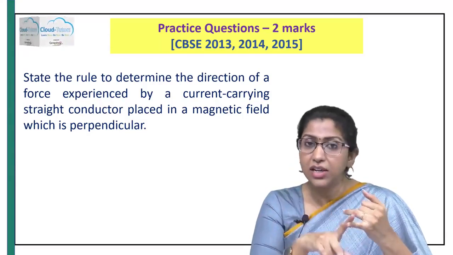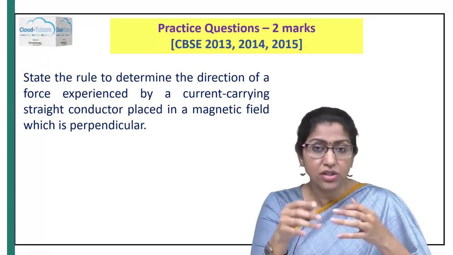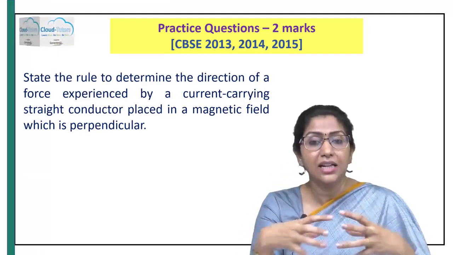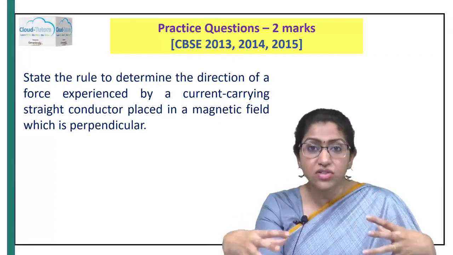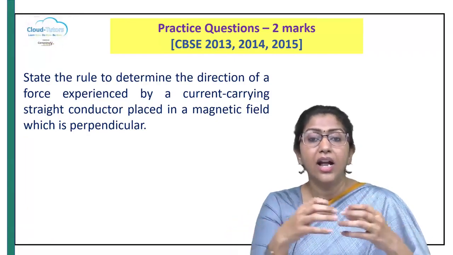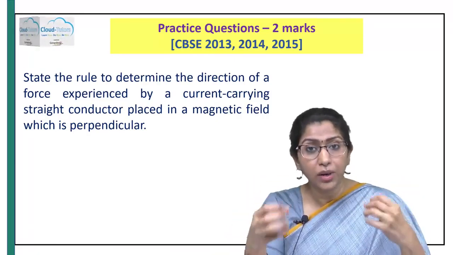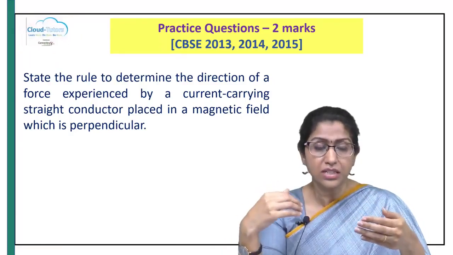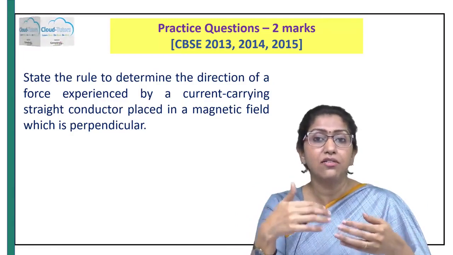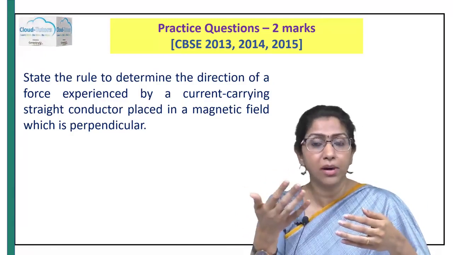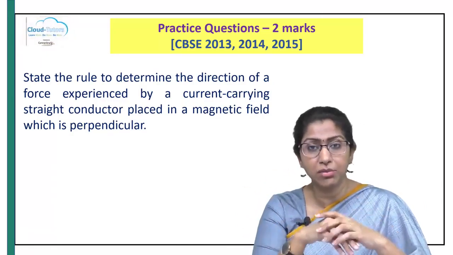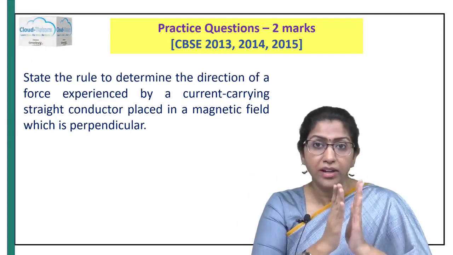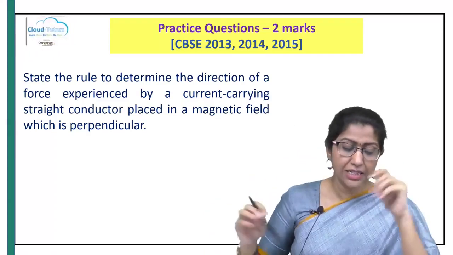The electric generator will be discussed in your next session, but for the electric motor, as we have discussed today, please understand the working principle and the construction well, and put it into correct words. Write down the points well so that there are no confusions. They are usually asked as a 3 marker or 4 marker with another 1 or 2 marker to make it a 5 marker or a 4 marker totally. Alright, now let's try and answer this question.